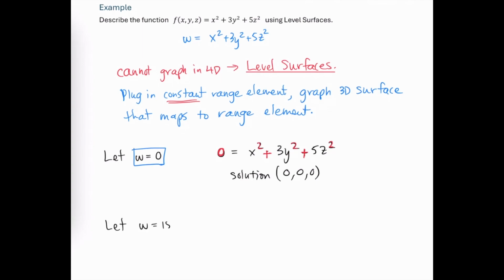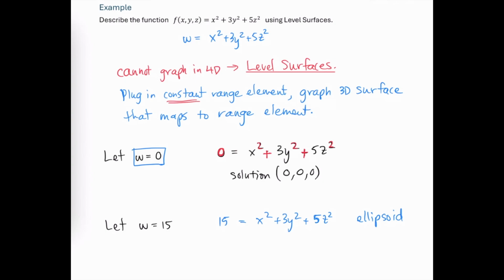Now we're going to choose our next range element carefully, choosing w is equal to 15 because we have coefficients on y and z that are factors of 15. It might make our computation a little bit easier to have 15 equal to x squared plus 3y squared plus 5z squared. And we're recognizing this as a quadric surface that is an ellipsoid.